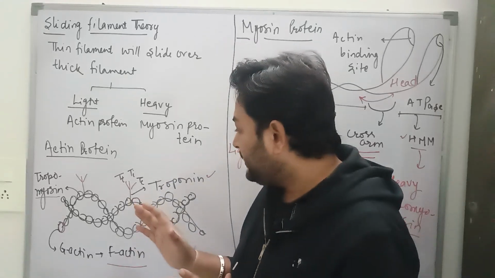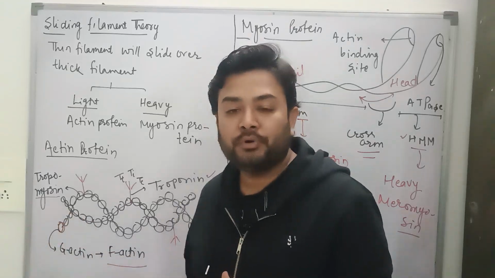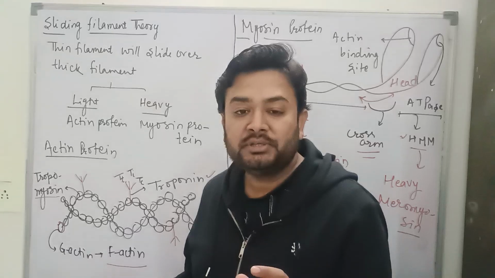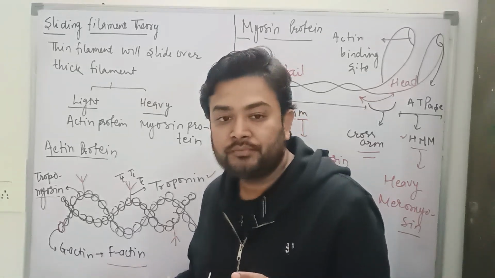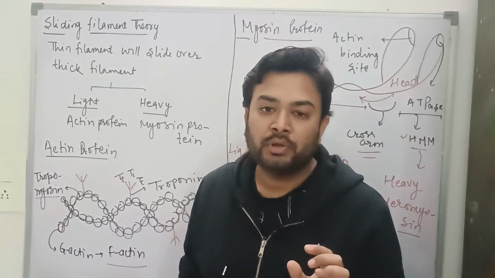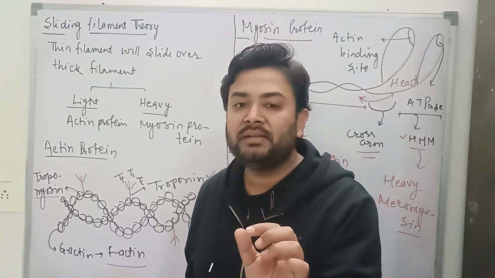Actin protein is made up of different types of protein, and here is its structure. First, G actin. Here G represents globular, or spherical in structure.